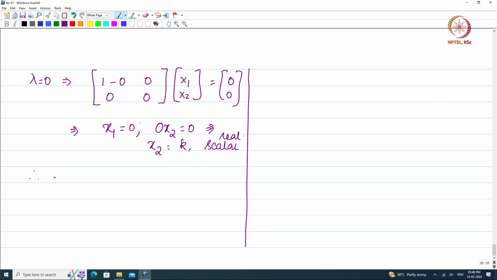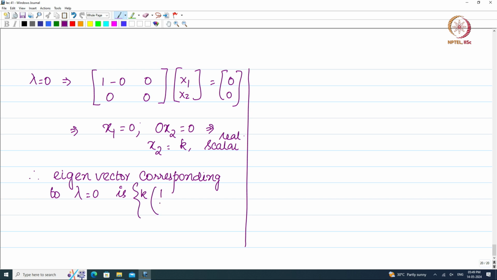That means the eigenvector corresponding to lambda is equal to 0 is basically k times the set of vectors along the line passing through the origin in the direction of 0 comma 1, the vector 0 comma 1.